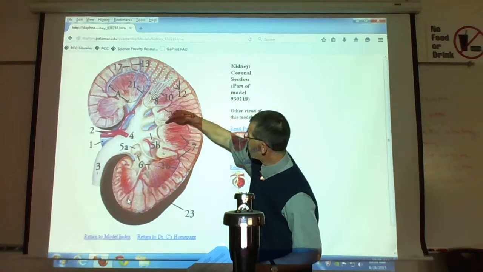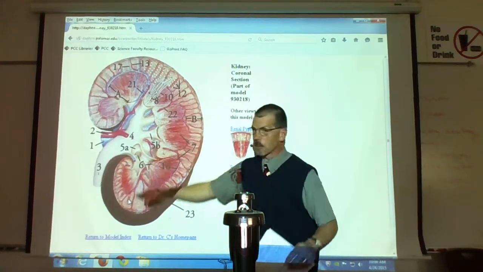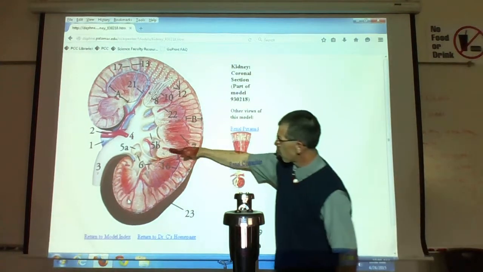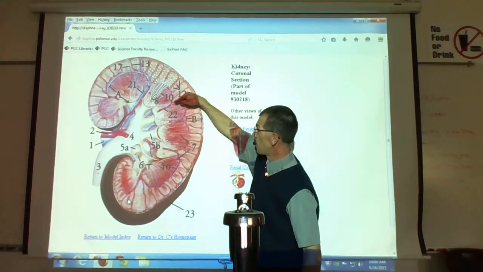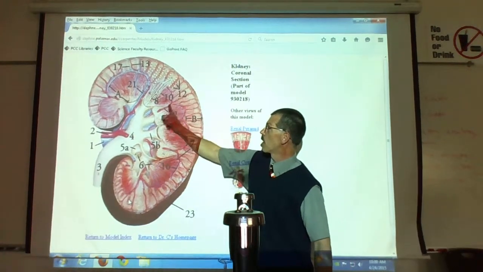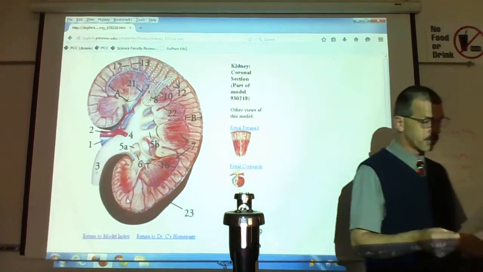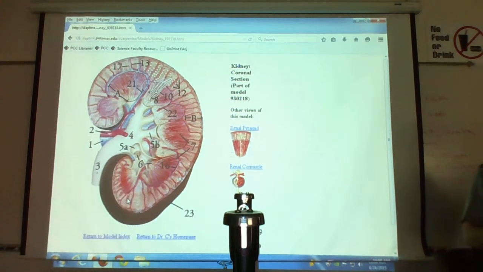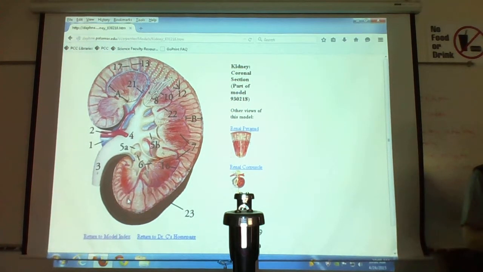There's a spot between the pyramids. So if you go to Egypt, what's between the pyramids? Columns. The renal columns are the areas between the pyramids, and the pyramids are the triangles. So you have pyramid, column, pyramid, column, pyramid, column, pyramid, column. Page 16. Okay, the renal columns and renal pyramids. So triangles and not triangles.